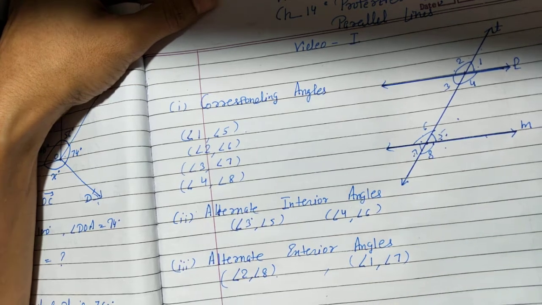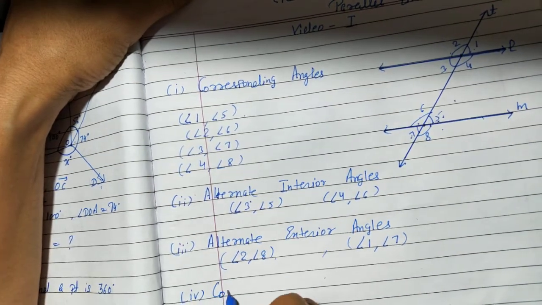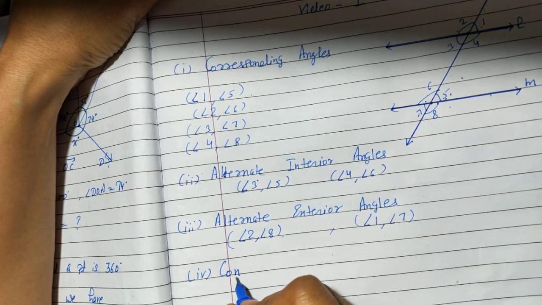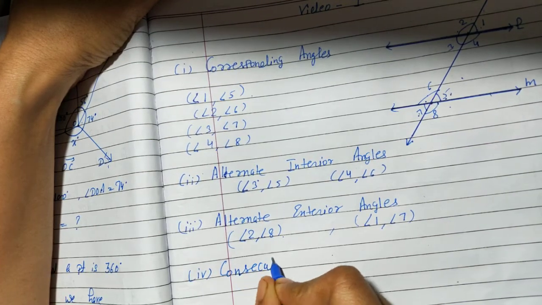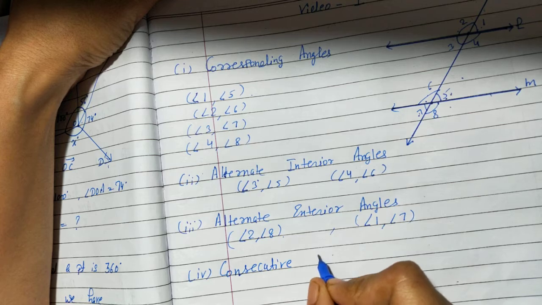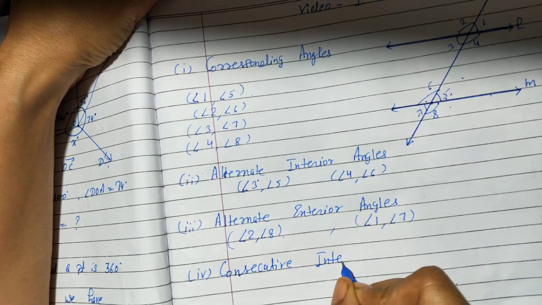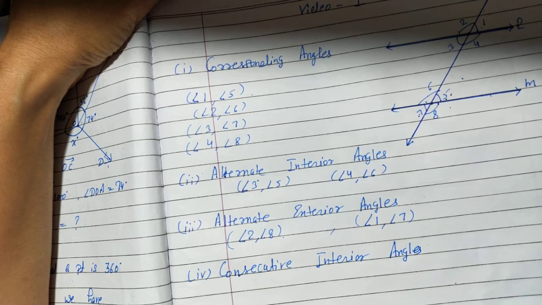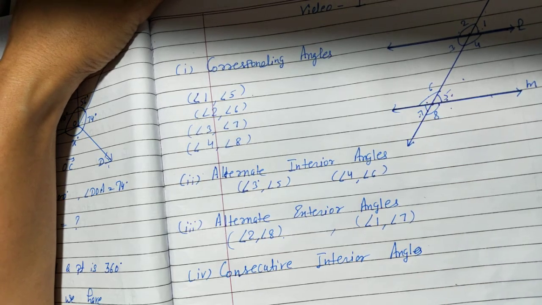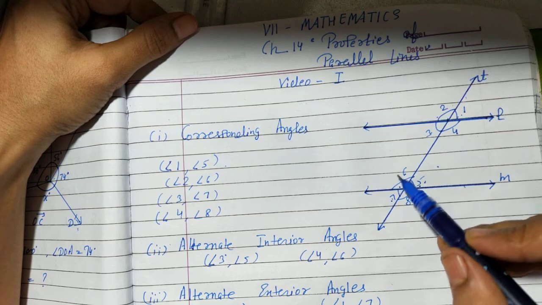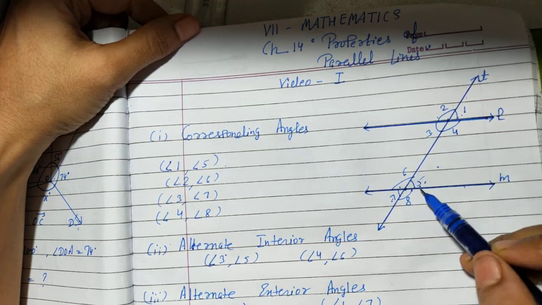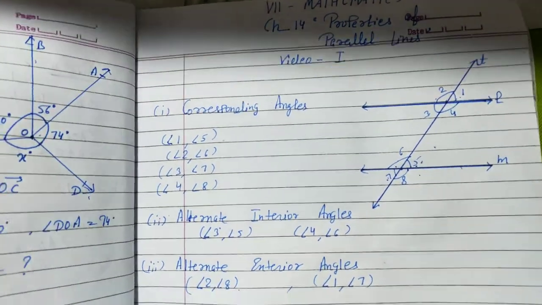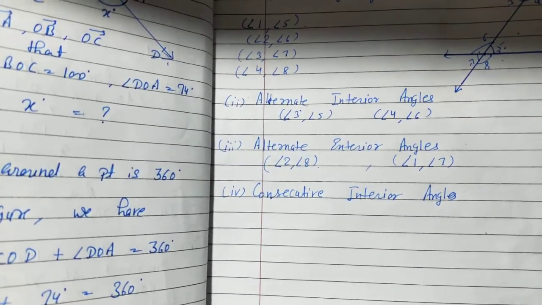Now the fourth one is consecutive interior angles, in short we will say co-interior angles. Yes class, consecutive interior angles, there are two pairs, angle 3 and angle 6, angle 4 and angle 5.